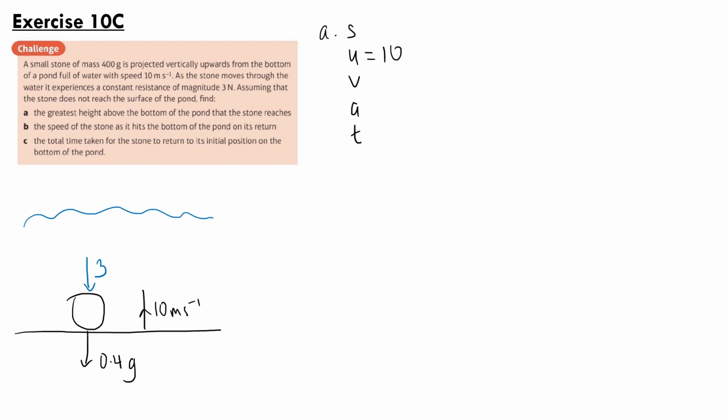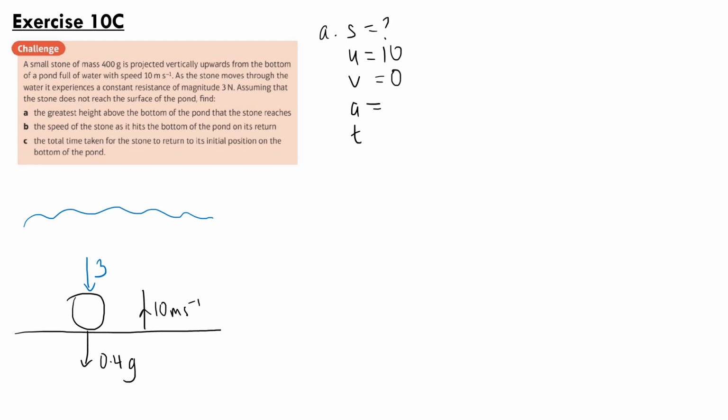And we know that the final velocity will be 0, as when the stone is at its greatest height, it will be stationary as it prepares to fall back downwards. And we can find the acceleration from this diagram here using the forces and F equals ma. And we're trying to find s, the greatest height.